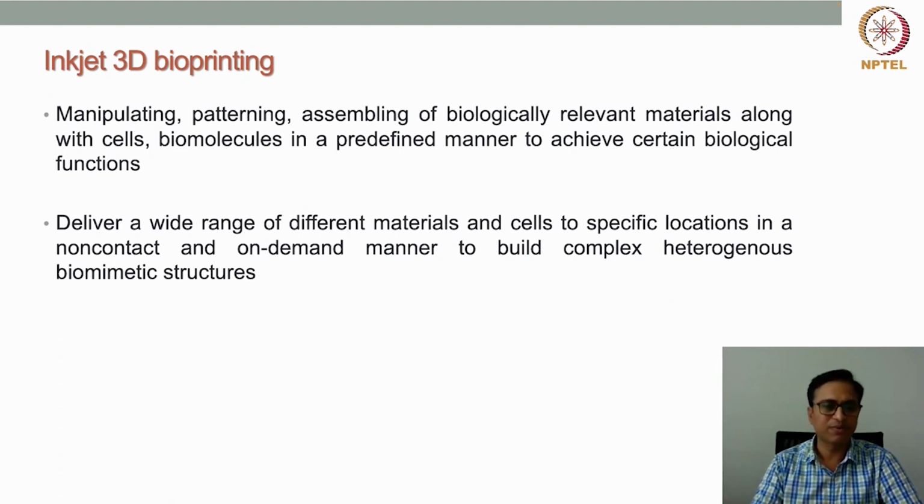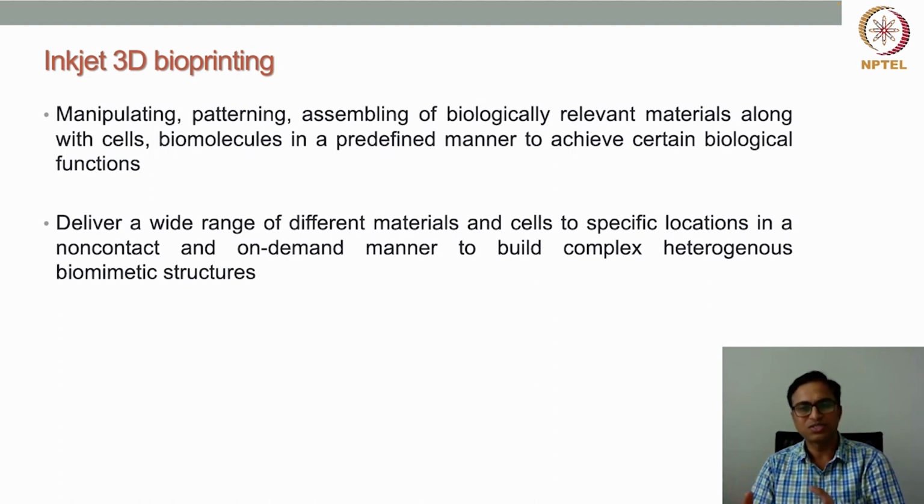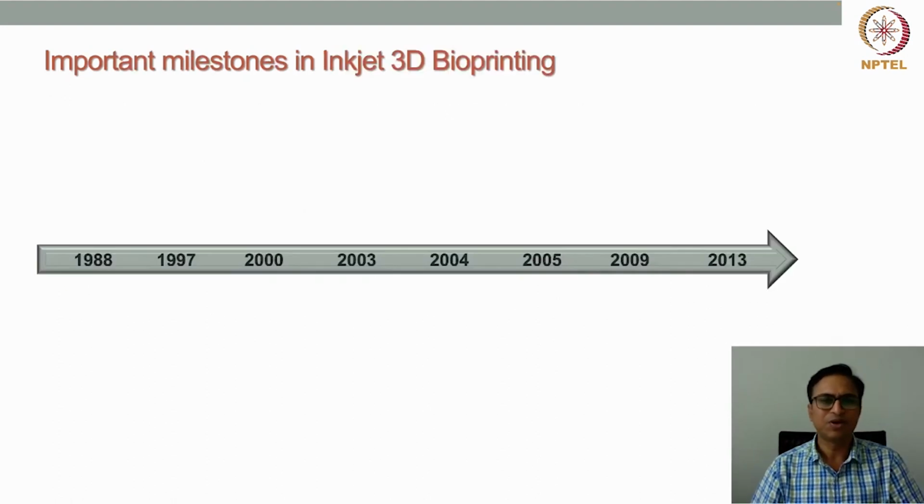So wherever we want, we can deliver these materials along with cells or without cells or with biomolecules in a non-contact, on-demand manner to build complex heterogeneous tissue structures. Now let us see what are the different milestones in inkjet bioprinting, because this technology started almost in the 1980s.